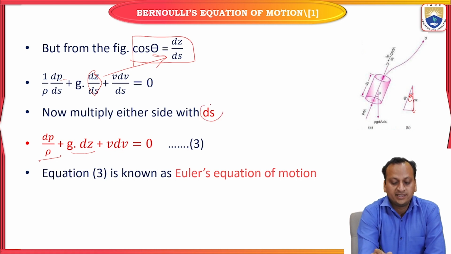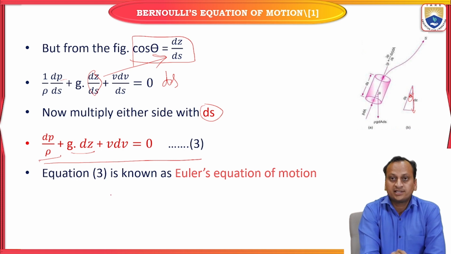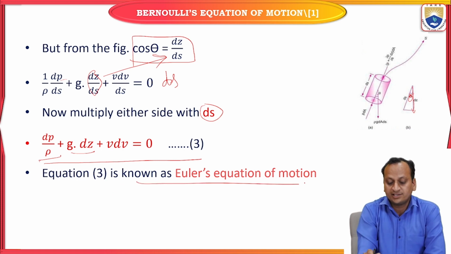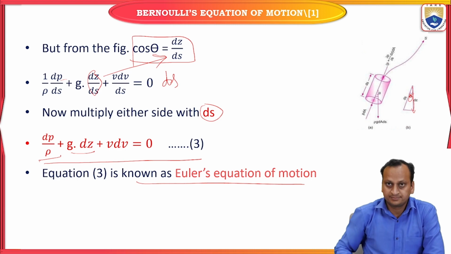If you multiply either side with ds, we will achieve equation 3. This particular equation 3 is known as Euler's equation of motion, for the given assumptions, for a fluid particle while it is moving along a streamline.